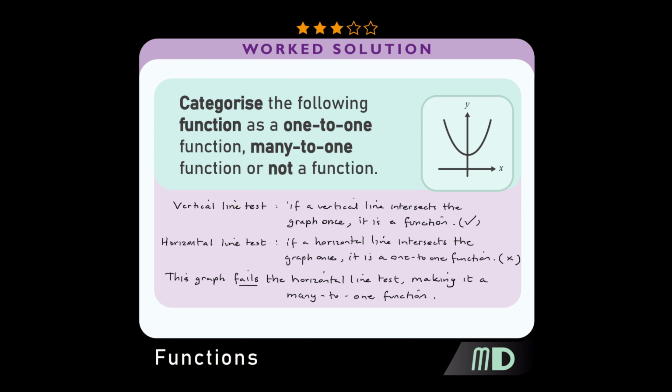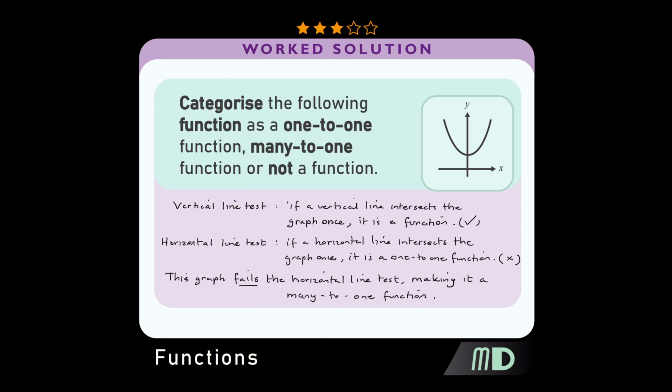For a many-to-one function, there are multiple different input values that can result in the exact same output. Sometimes a single input value gives us two different answers, which represents a relation and not a function.